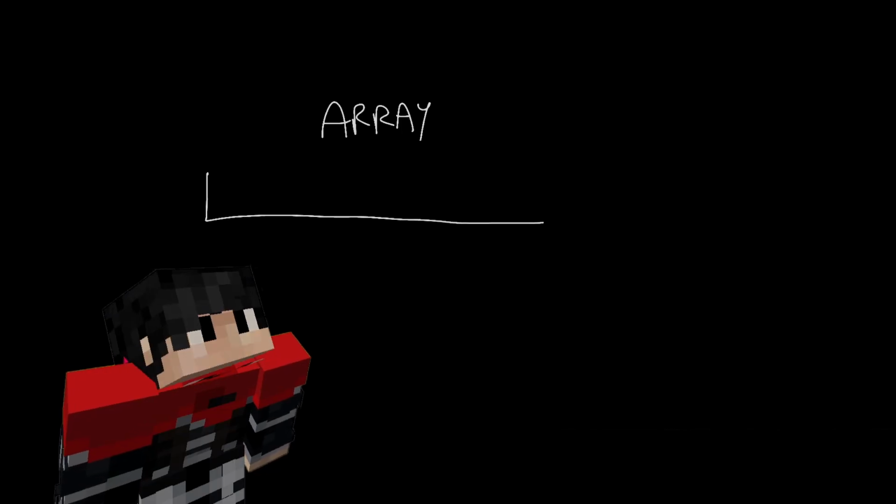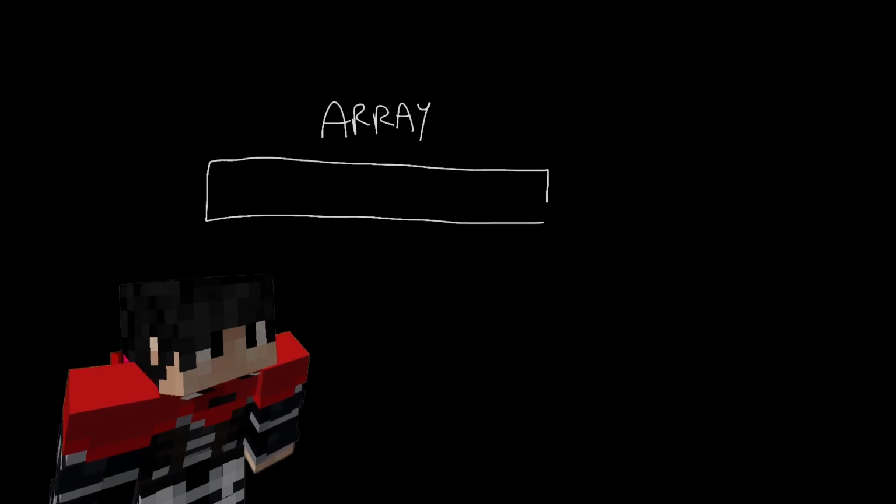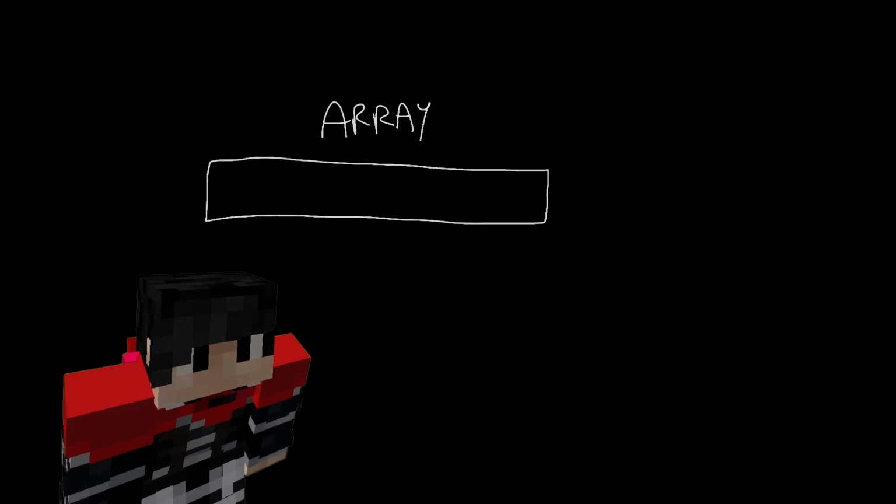If you don't know what an array is, well, simply we can say that it is like a drawer, where you can put a lot of items one next to each other.